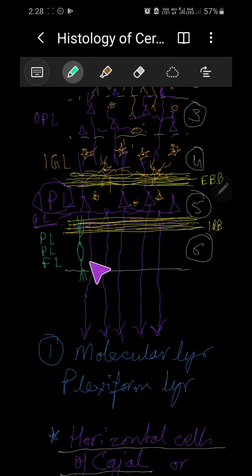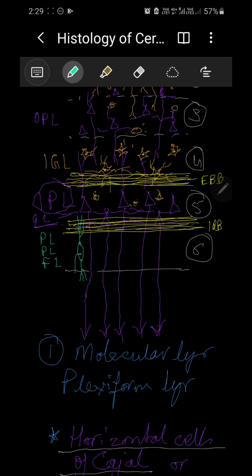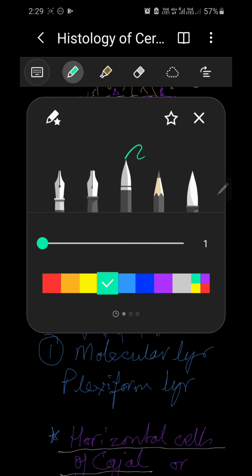Another important thing is that their axons will arise from the center of the cell. That is the speciality of these fusiform cells. They have axons arising from the center, and at the two ends they have the dendrites.